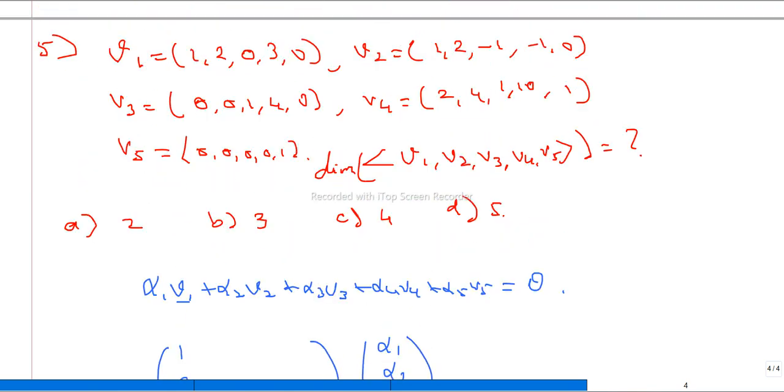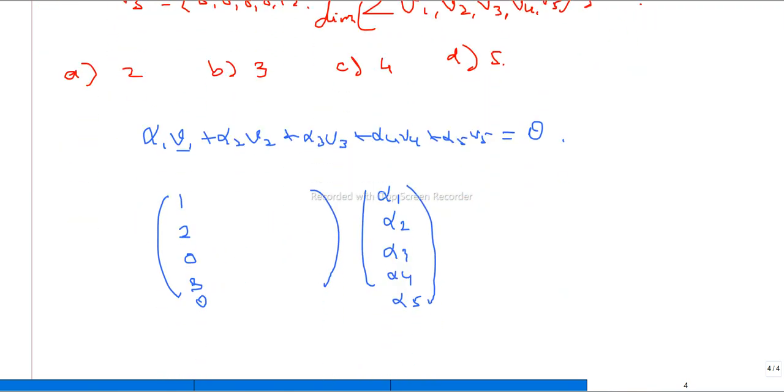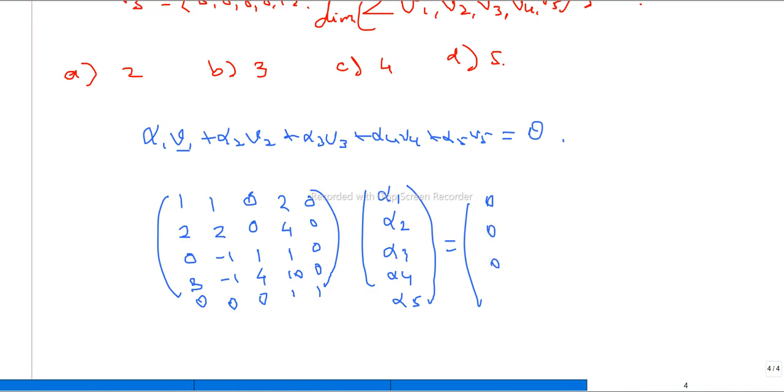V2 is 1 2 minus 1 minus 1 0, and V3 is 0 0 1 4 0, and V4 is 2 4 1 10 1, and then V5 is 0 0 0 1, should be equal to 0 0 0. If you write in the matrix equation, you will get this one.